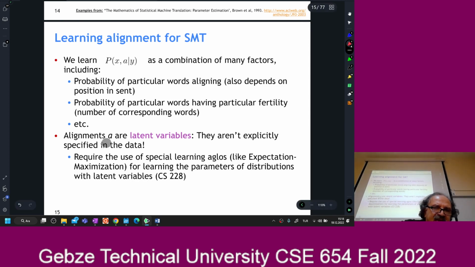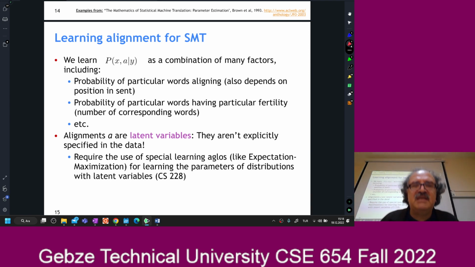So alignments A are latent variables. They are hidden. They aren't explicitly specified in the data. I have the parallel corpora, but the alignment is not there. Either somebody is going to sit down and say that this part corresponds to this part, etc., or I am supposed to find it myself.